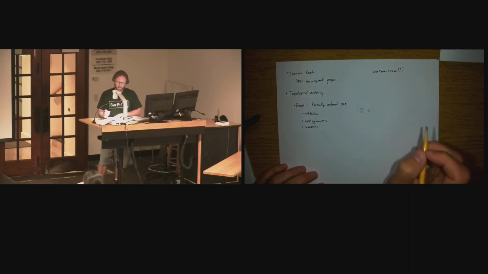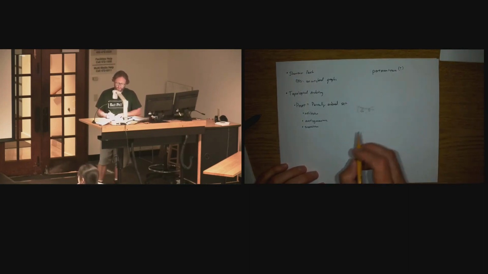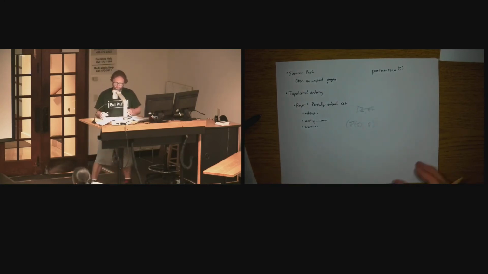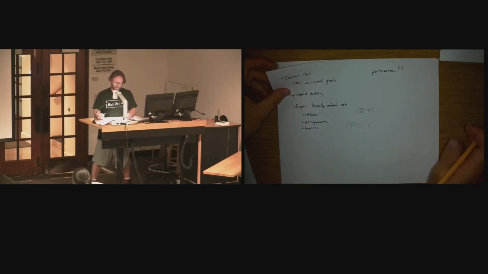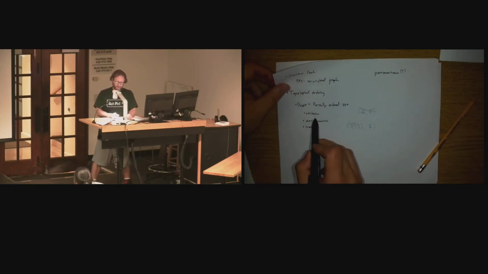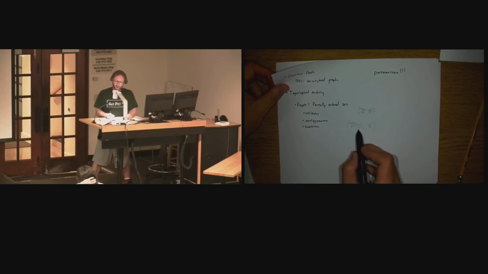A better example would be, say, a power set of a set and the subset relation. Okay? So this is a good 235 review, since I didn't hear many people remember that it was reflexive, anti-symmetric, and transitive. Let's go ahead and review it by looking at something like this.